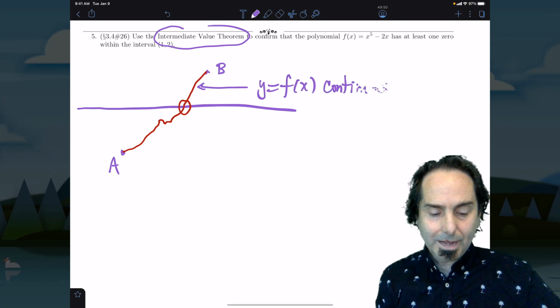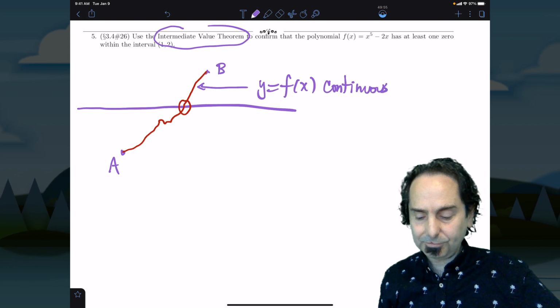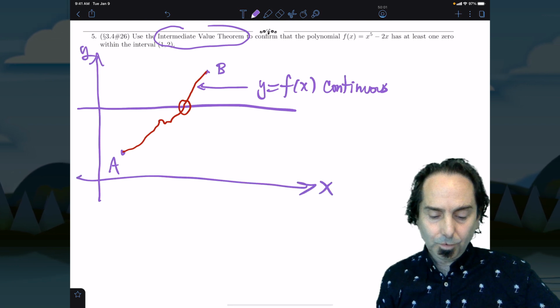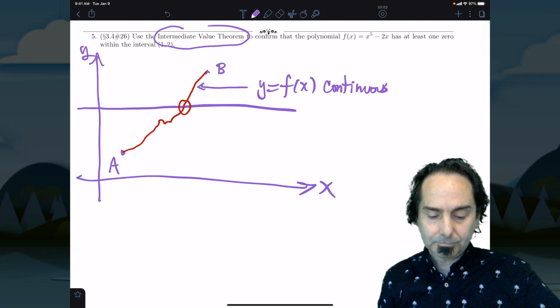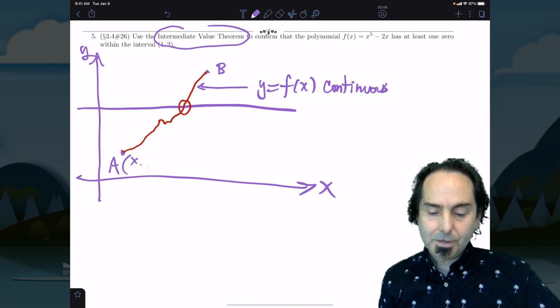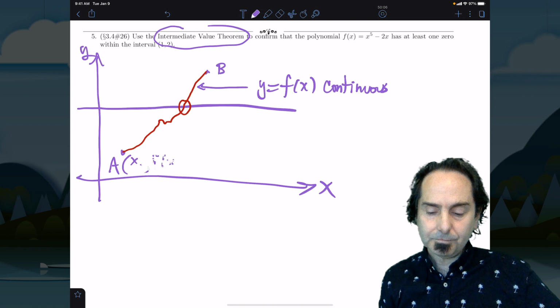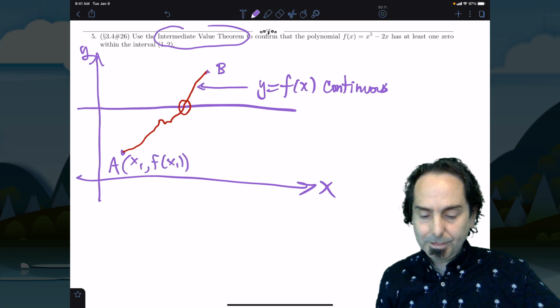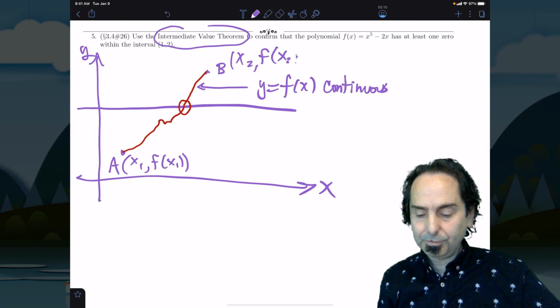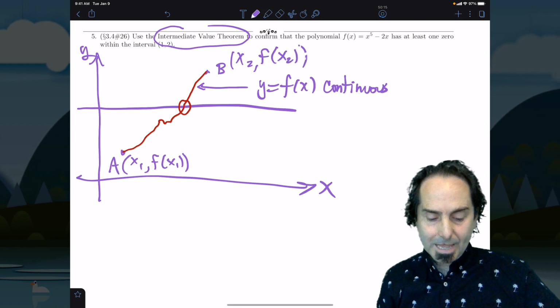And here's the y-axis, here's the x-axis, and this point A has coordinates x1 and f of x1, and point B has coordinates x2, f of x2, and this line that they're crossing, this is actually the line y equals some number k.